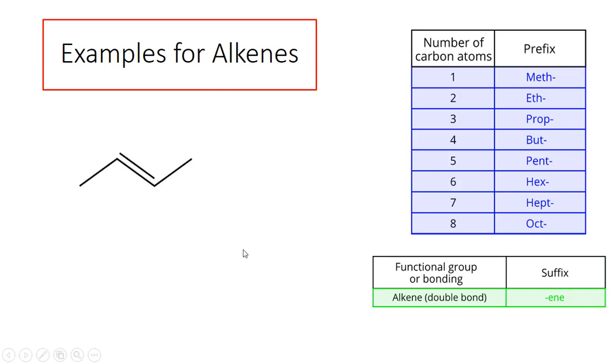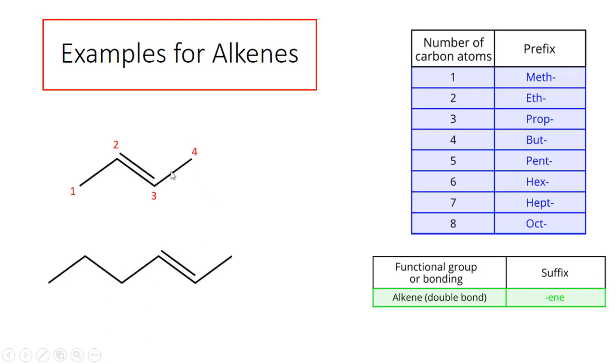We have an example here with 4 carbon atoms. 4 carbon atoms mean it will start but. And we have a double bond, so we know it's an alkene. Okay? Now the thing about alkenes is the double bond can be located in different places on the hydrocarbon.